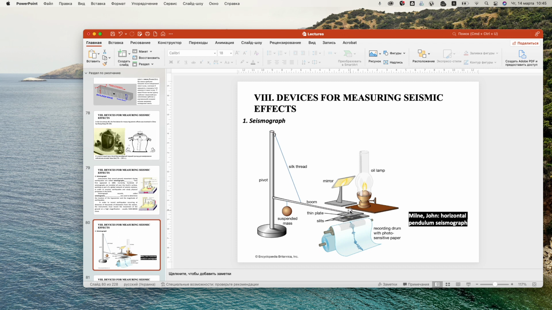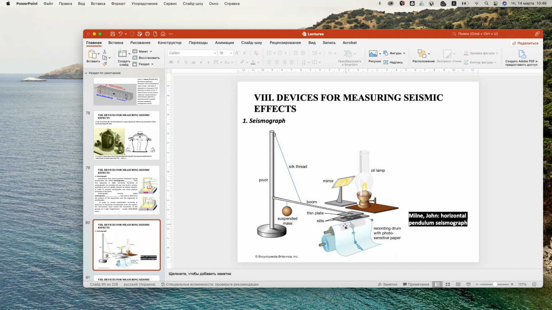And you can find here the hole in a thin plate, which gives the ability to let the light of this lamp leave the record on the photosensitive paper. It's like photo paper.